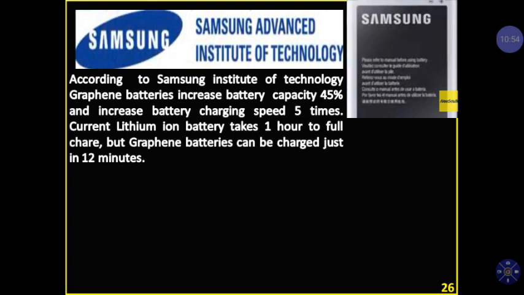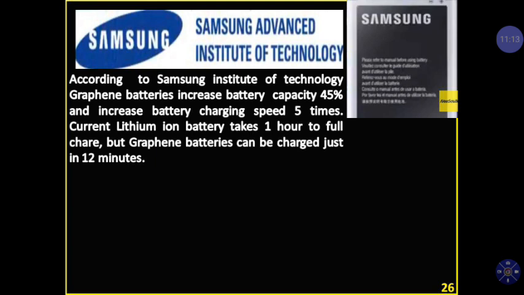According to Samsung Institute of Technology, graphene batteries increase battery capacity 45% and increase battery charging speed 5 times.